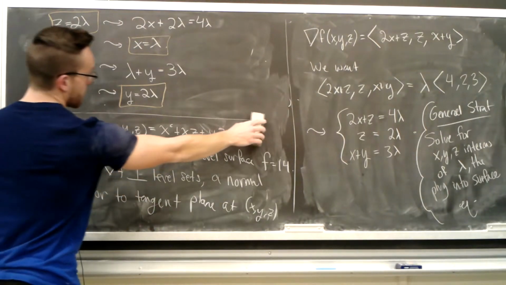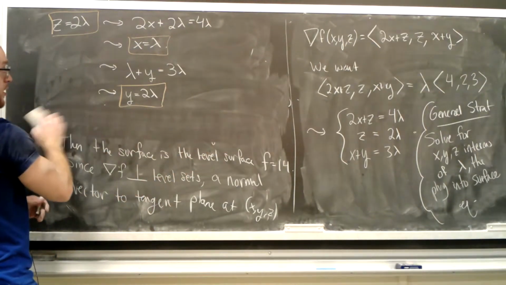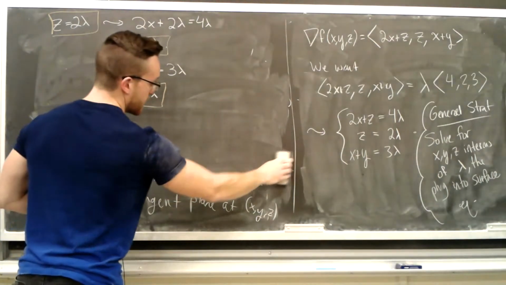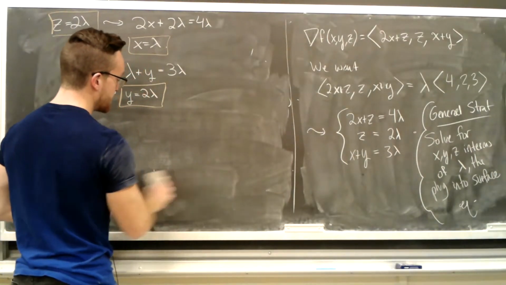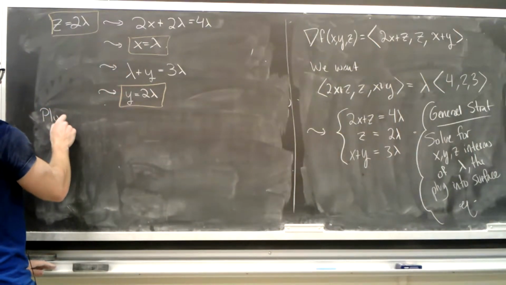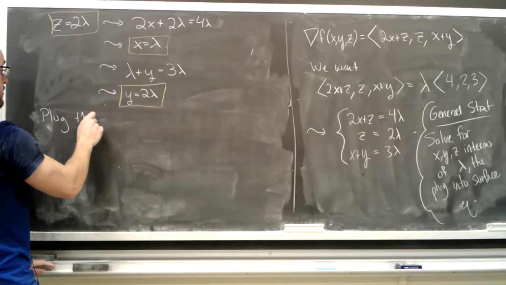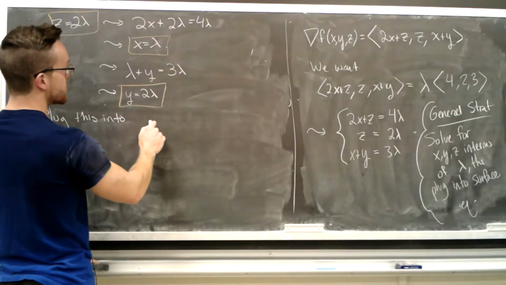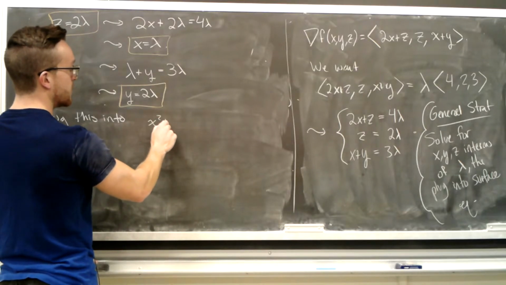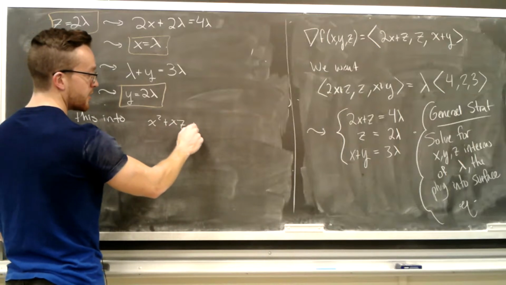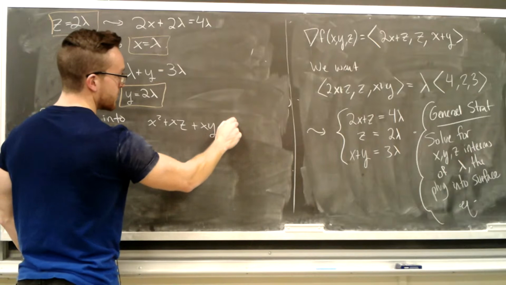Then the next part of my general strategy was to plug these expressions into the original surface equation and then solve for lambda. I've erased the original surface equation, but it was x squared plus xz plus xy, maybe, plus yz equals 14.